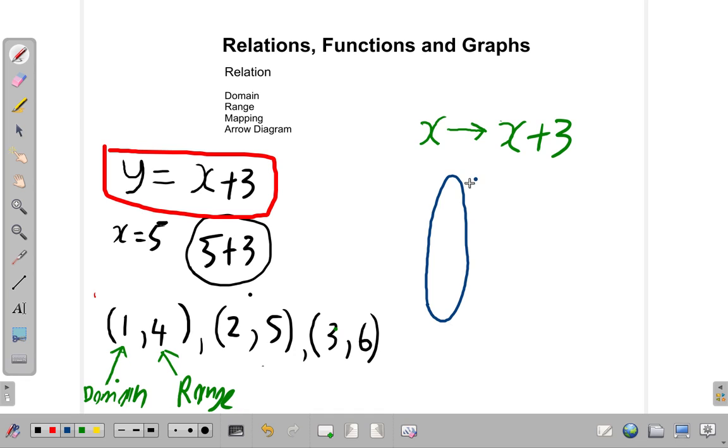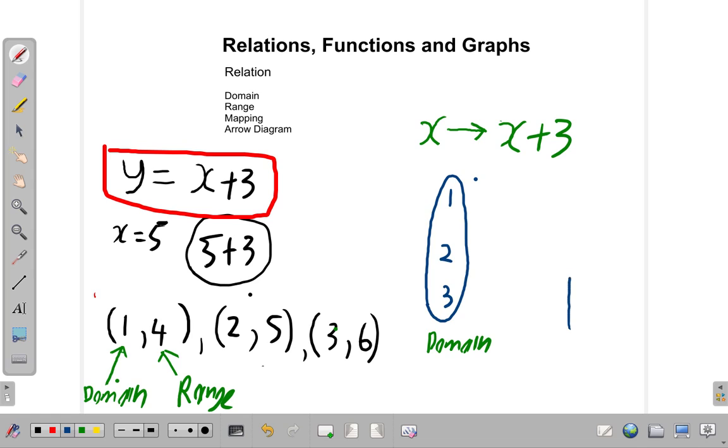You're going to have in this oval, 1, 2, 3. The numbers that are here represent the domain.